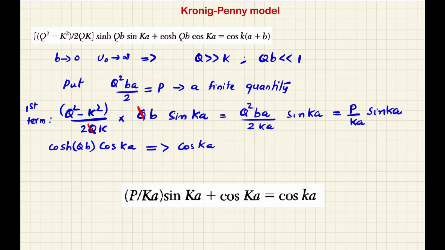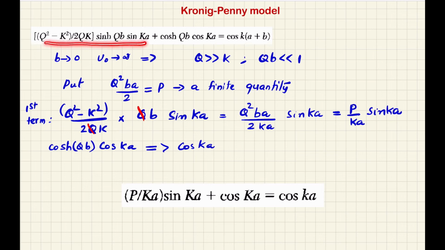In this limit q is very much greater than capital K, and qb is very much less than 1, because b is tending to 0. We are doing this by keeping this quantity a finite constant, which we call P. So how do these terms modify?